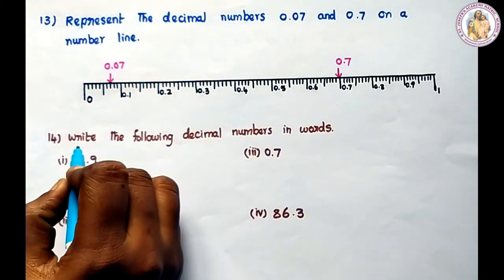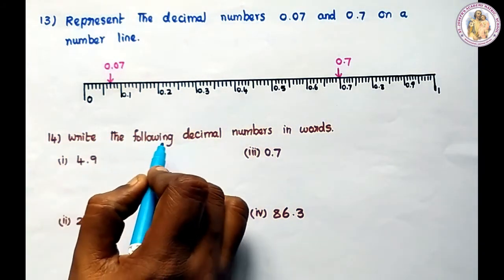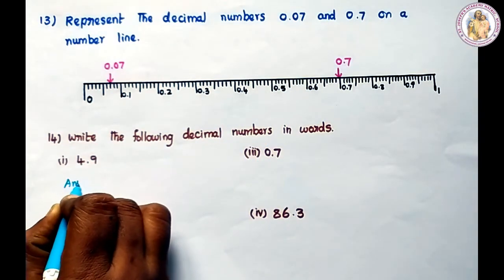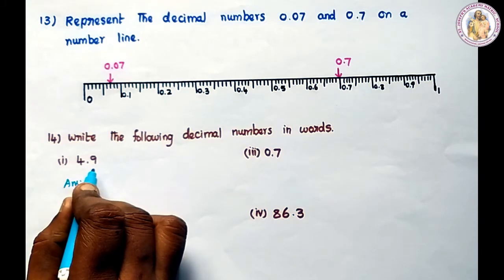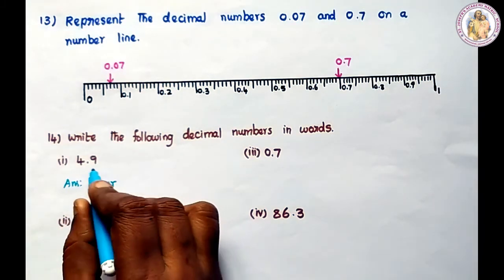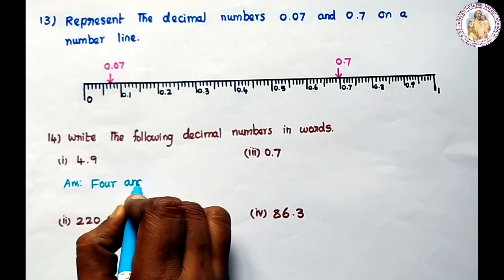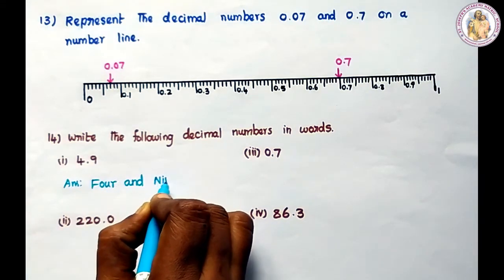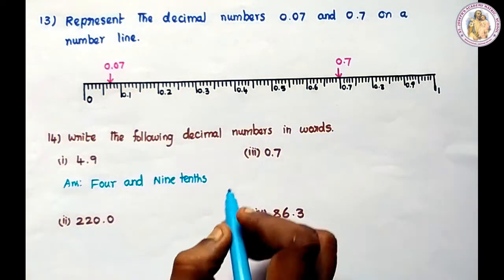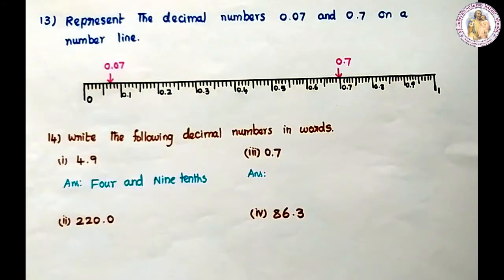Next one, 14th. Write the following decimal numbers in words. Listen, 4.9. So 4 in ones and 9 tenths. 9 tenth. And second one, 220.0.